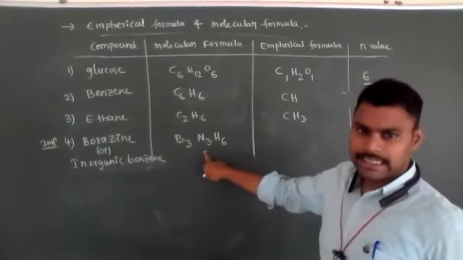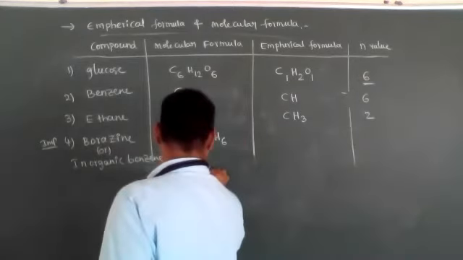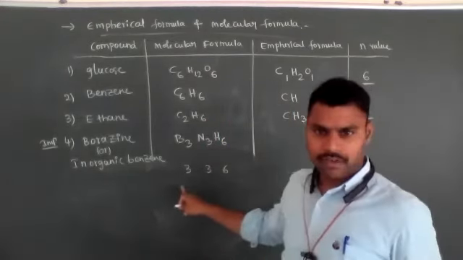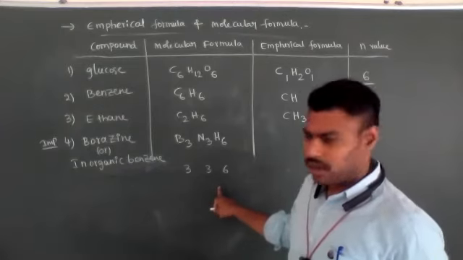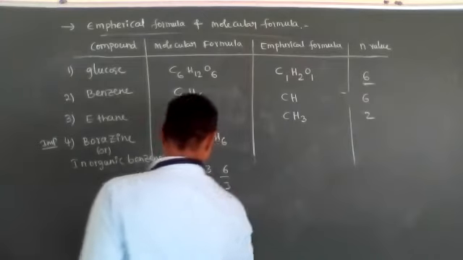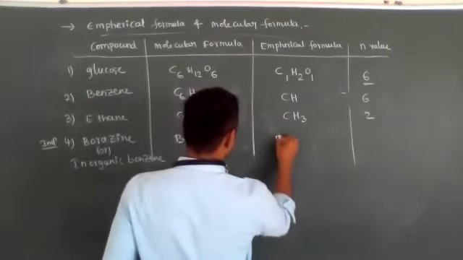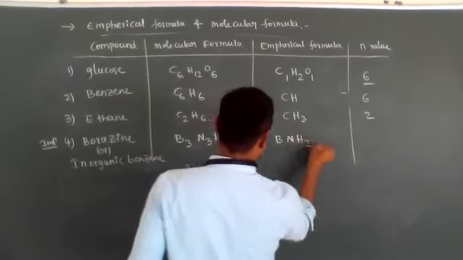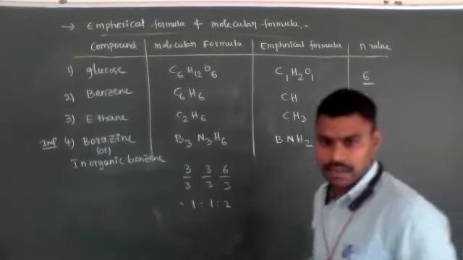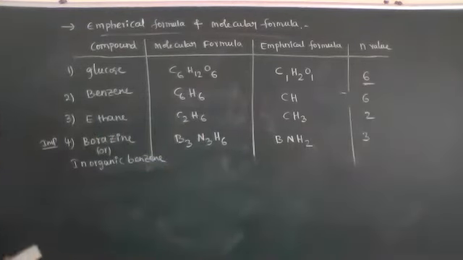For converting to the empirical formula, 3, 3, 6. What is the n value? What is the divisor? To get the simplest ratio, we need to divide by 3. Then it becomes 1:1:2, which means BNH2. Then n is equal to 3. Yes, n is equal to 3. Very good.